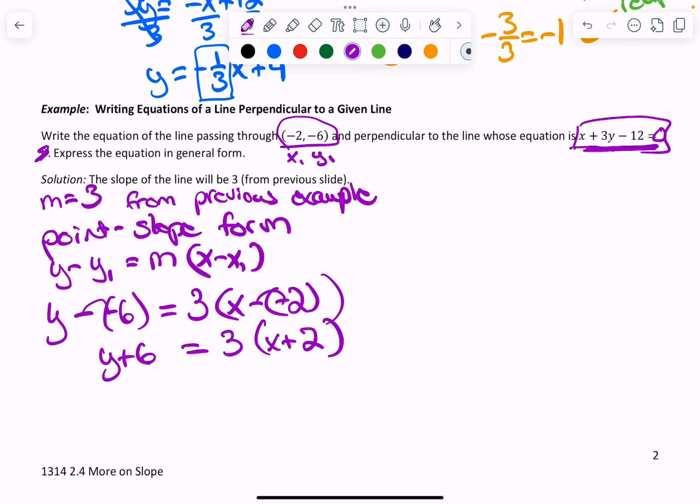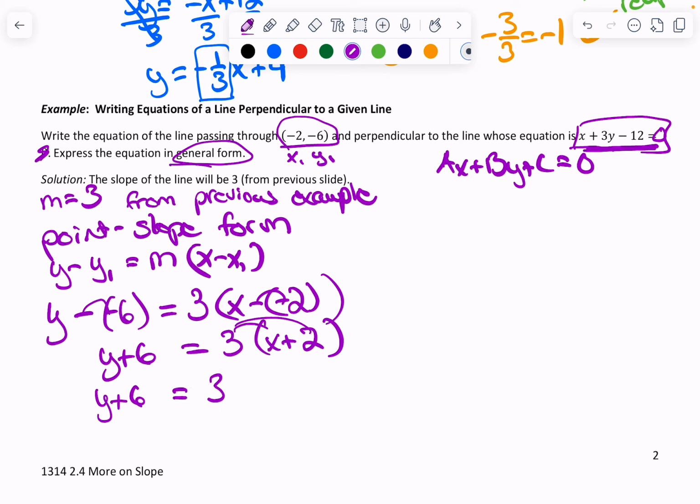Now, it's asking us to write it in general form. Remember, the general form is ax plus by plus c equals 0. So we're going to have to first distribute the 3, so we get y plus 6 equals 3x plus 6. Now, we need to move everything to the left.